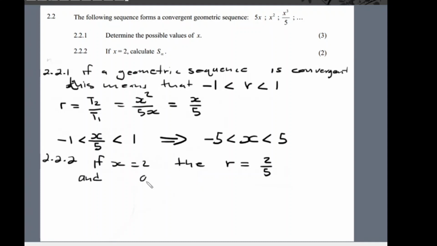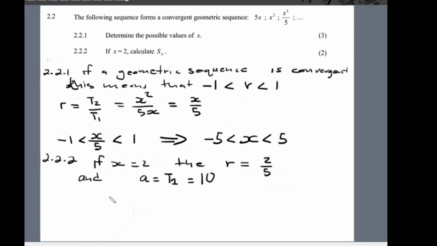When you substitute 2 into the first term 5x, you get 5 times 2, so the first term will be 10, right?